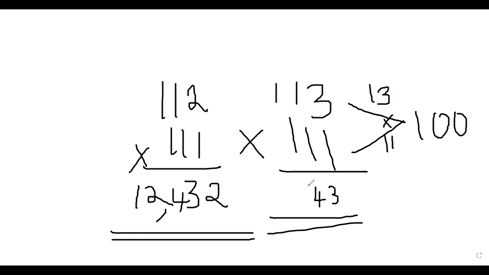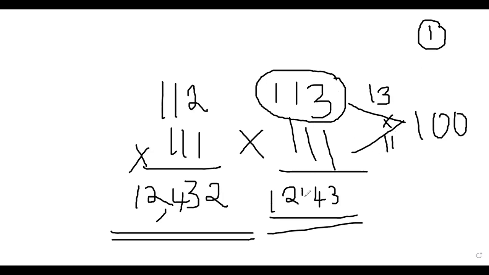And then this one will come over here. But we don't write that number because that is a reminder. Keep in mind that that is a reminder. And then we have to add this one and the next number's difference. So 113 plus 11, that will be 124, plus 1, 125.